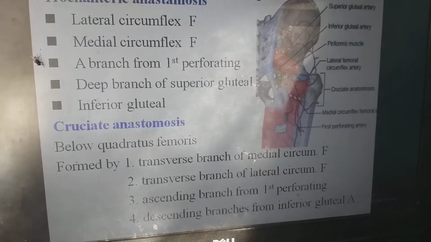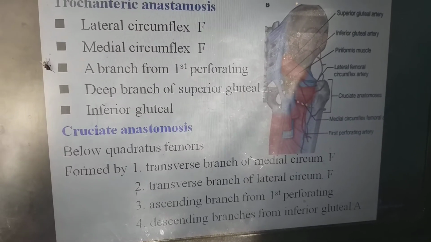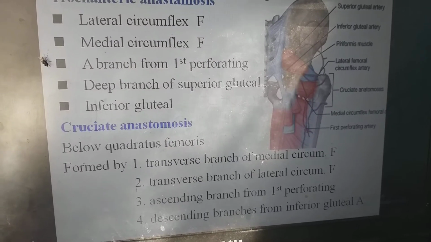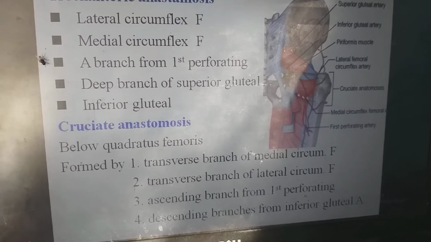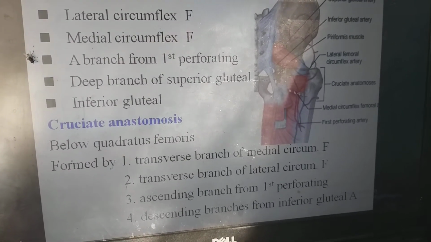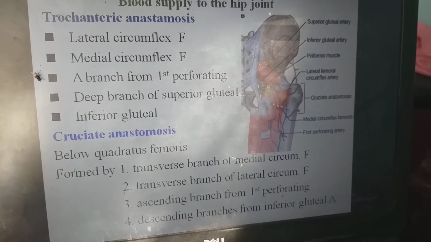What about cruciate? Transverse branch of medial circumflex, transverse branch of lateral circumflex, ascending branch of first perforating, and a descending branch from inferior gluteal. Don't forget, only superior gluteal does not give a branch to cruciate anastomosis. The others are all the same for trochanteric anastomosis and cruciate anastomosis.